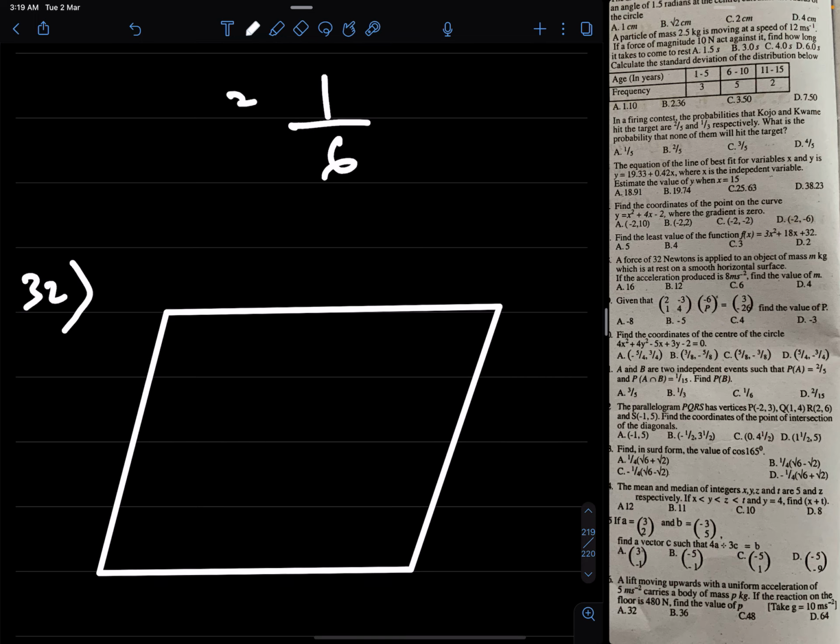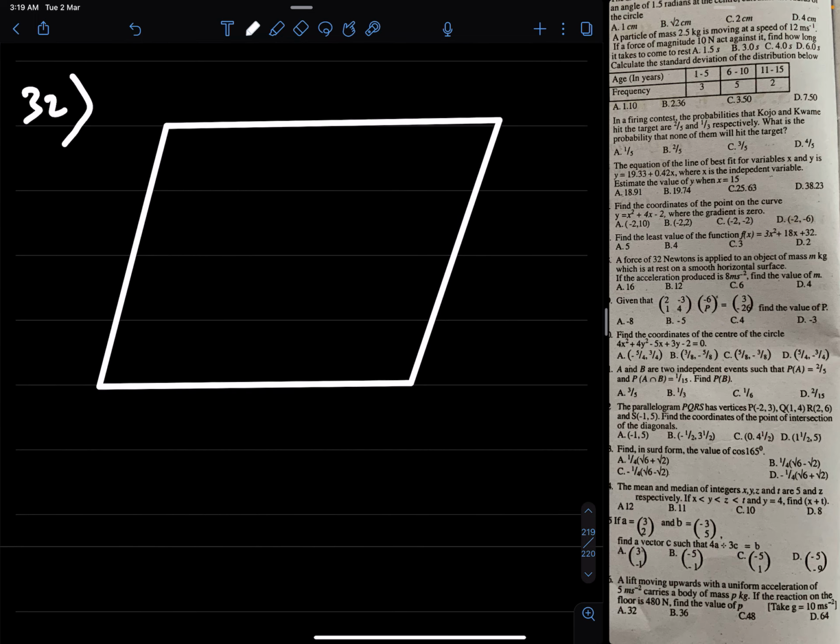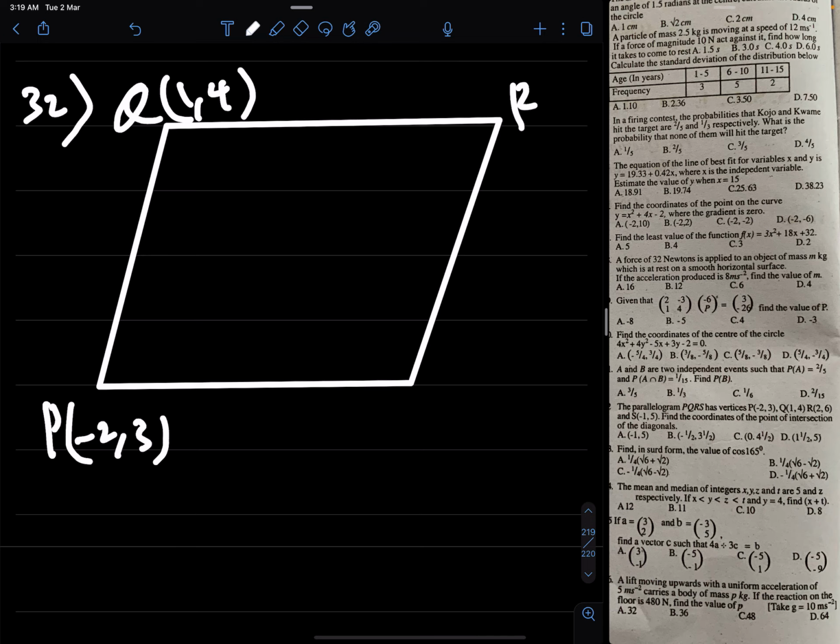And this. Okay. PQRS. P has coordinates (-2, 3), Q has coordinates (1, 4), R has coordinates (2, 6), and S has coordinates (-1, 5).